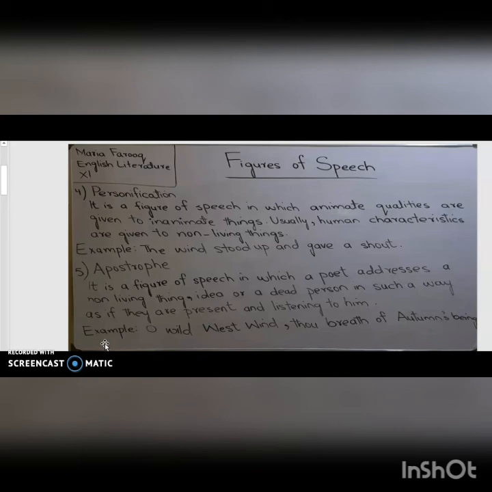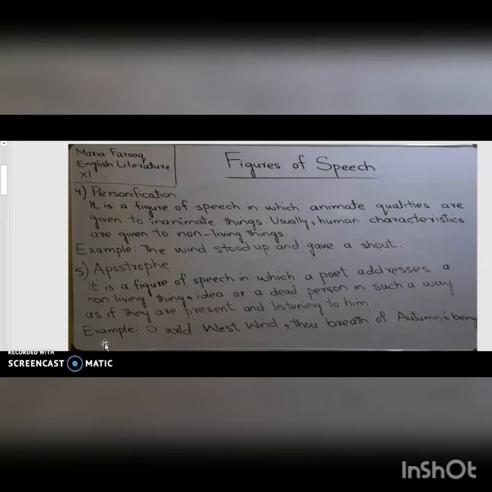For example, the wind stood up and gave a shout. Now, standing up, shouting, screaming, howling, all these are characteristics or traits of human beings. But wind is not a human being. So when you give human characteristics or animate qualities to inanimate things or non-living things, this is called personification.